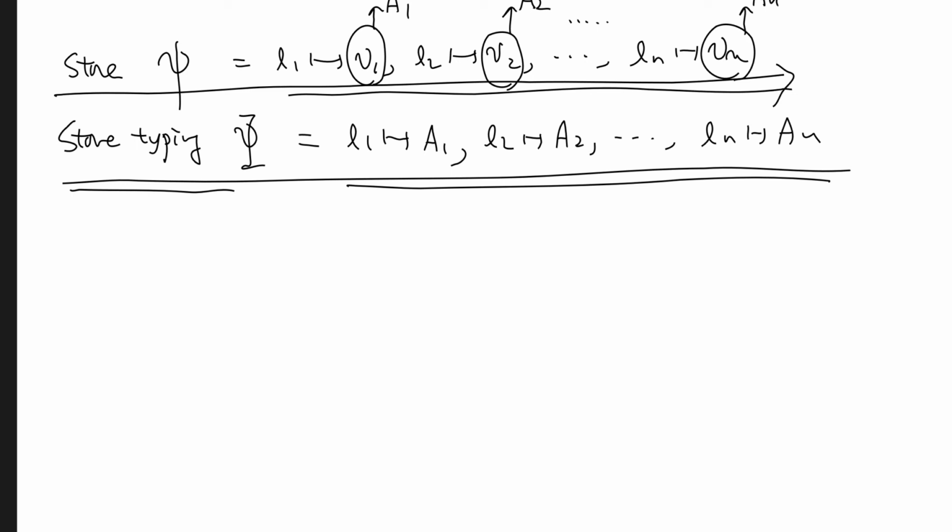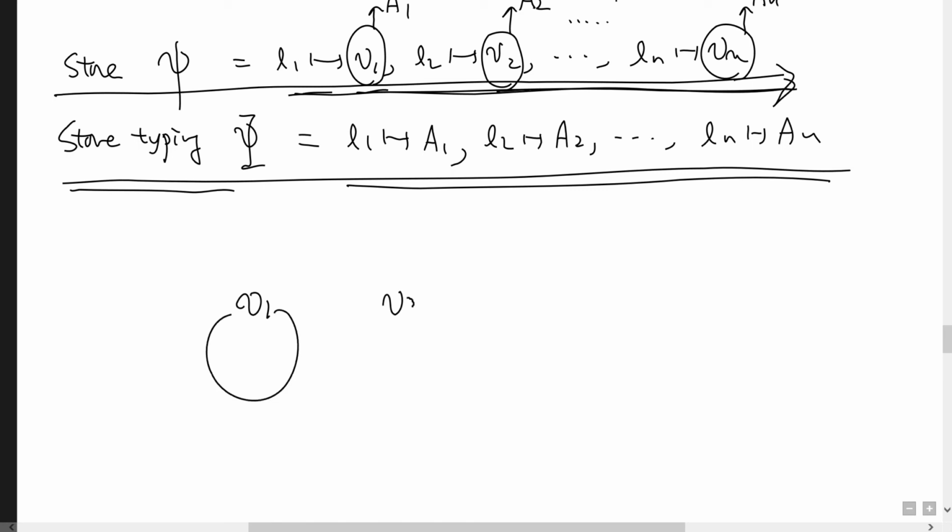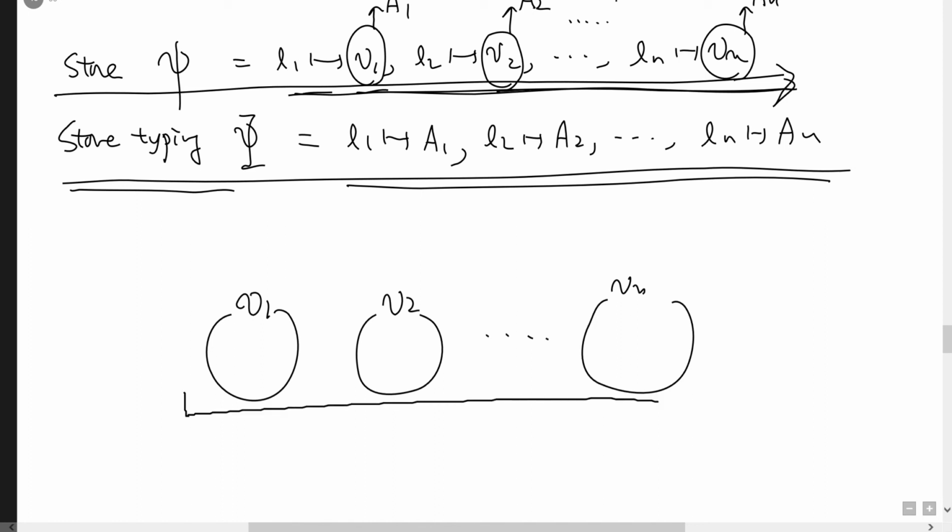The reason that this approach, where we just access these values sequentially, doesn't work is we have value V1, we have value V2, we have value Vn. It may be that all these values are mutually dependent. For example, L1 is currently pointing to value V1.